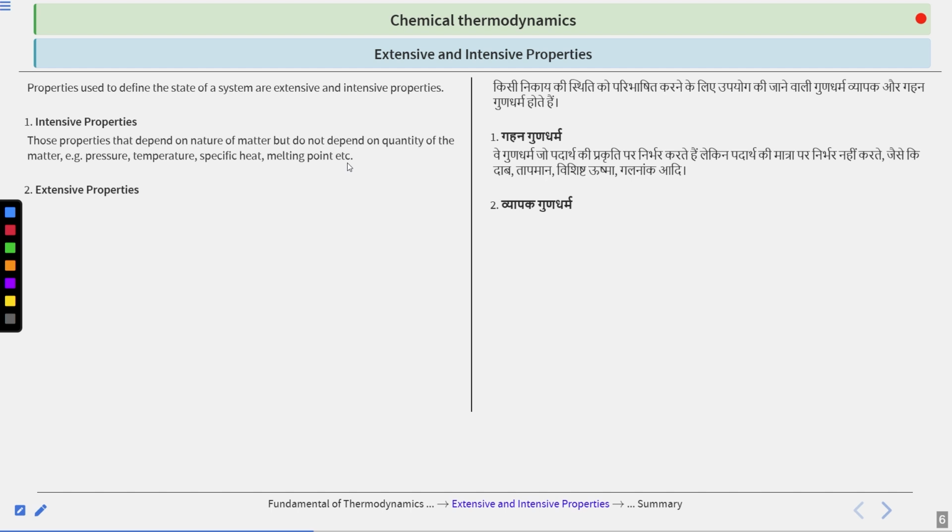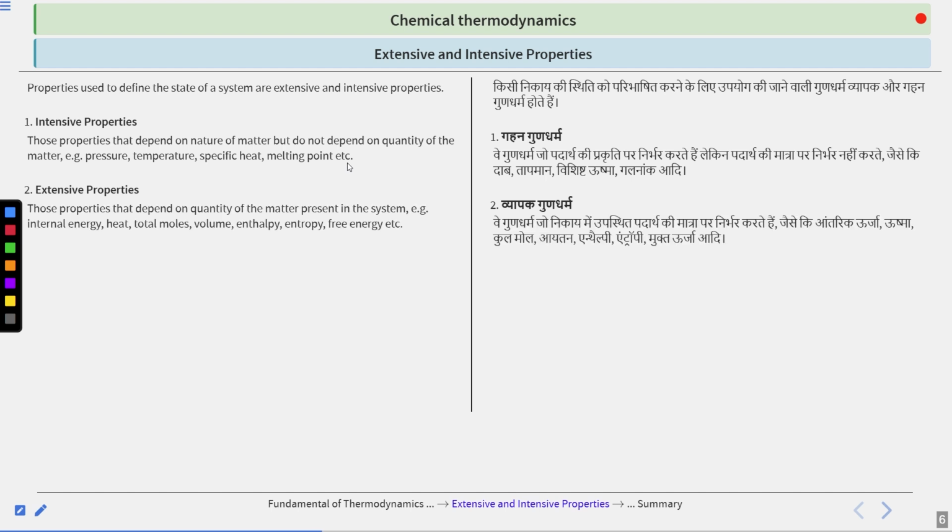Next is extensive property. The opposite of the intensive property is the extensive property. It depends upon the quantity of the matter, like your internal energy, heat, total moles, volume, enthalpy, entropy, free energy, etc. Moles is obviously an extensive property. You change the mass, you are changing the number of moles, because the formula itself involves a given mass.